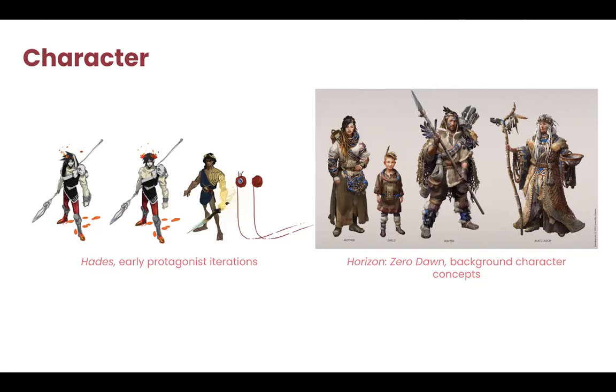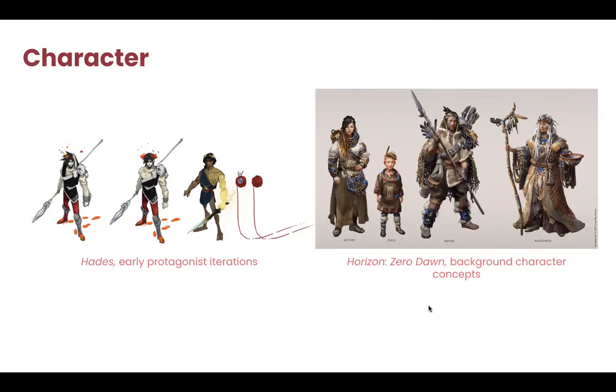Whereas Zagreus in Hades was translated into a 3D model because the game is sort of 2.5D, but his model was very simplified and painted over to give that sort of 2D-esque look.